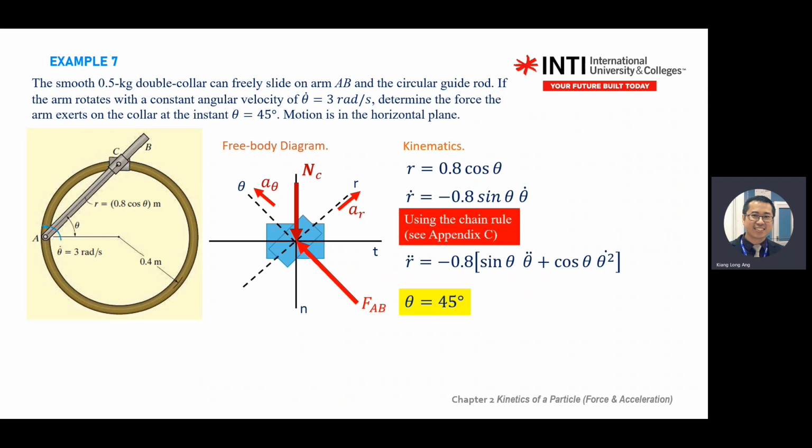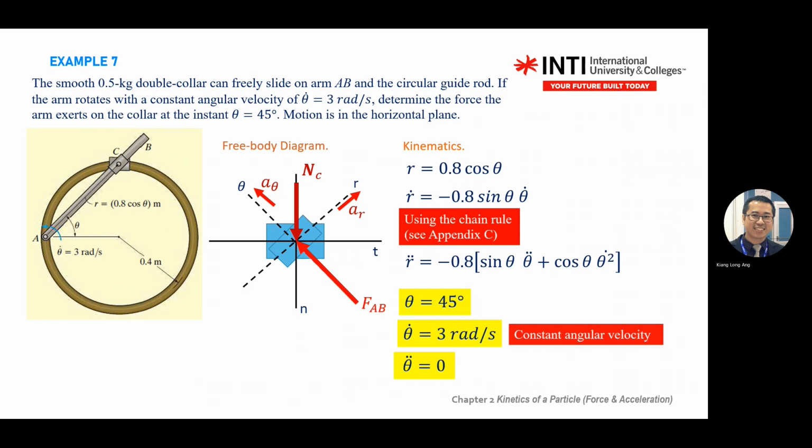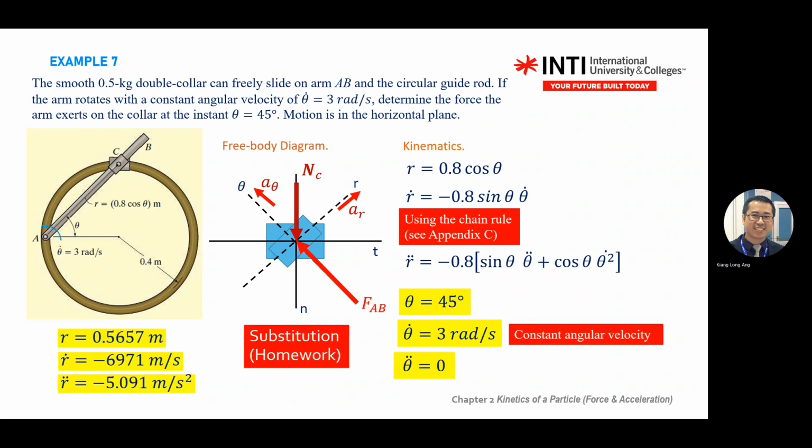So at angle 45, you substitute inside here. When theta is 45, what is your R? When theta is 45, what is R dot? Same with R double dot. Okay, you get the answer. When you substitute, you get R dot, R double dot.